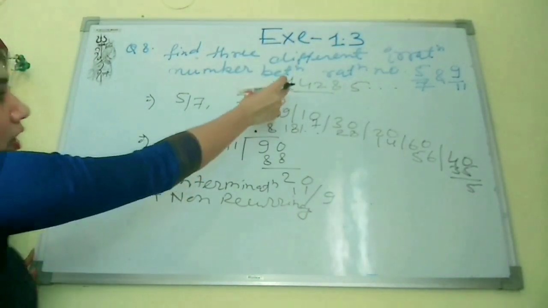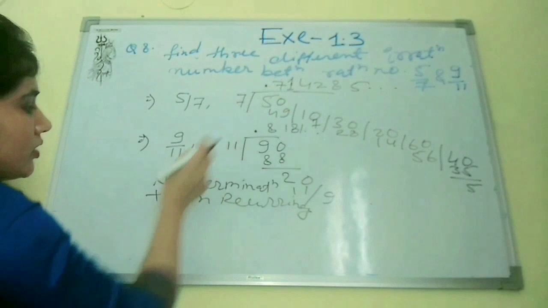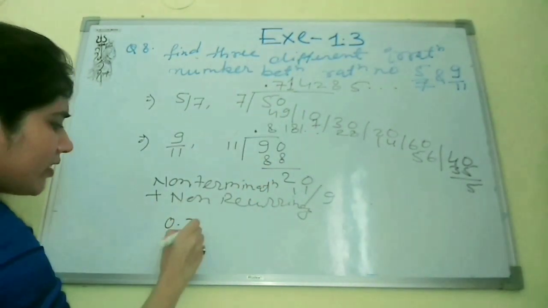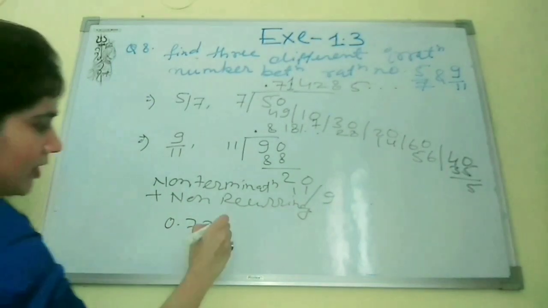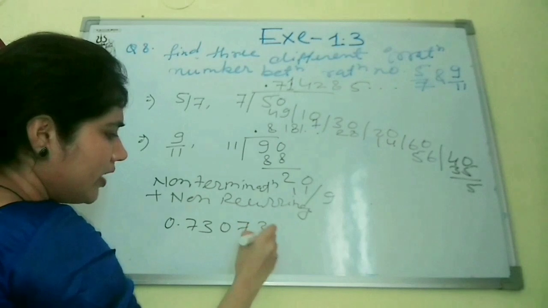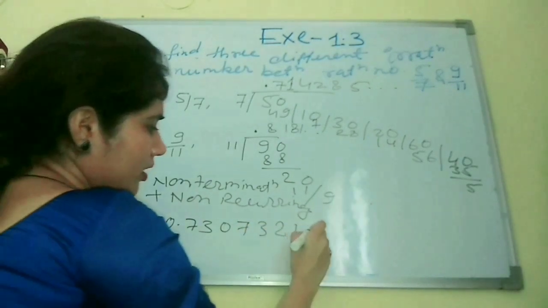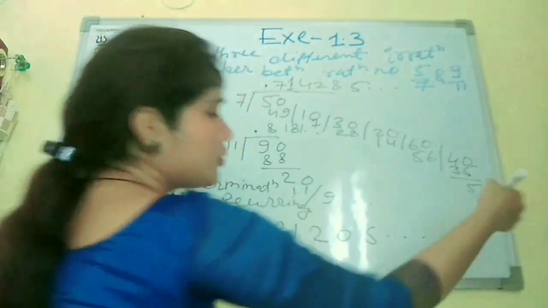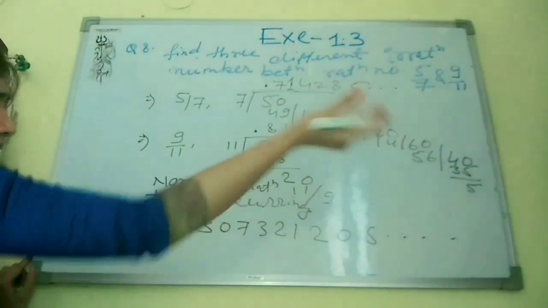Okay, so between 0.71 and 0.81, we can take 0.73, then put 0. Then again, any other number like 7, 3, 2, 1, 2, 0, 5, up to infinite time, just like that.